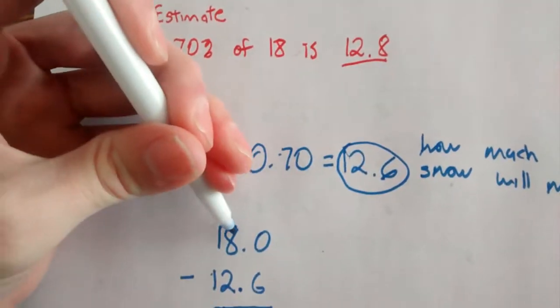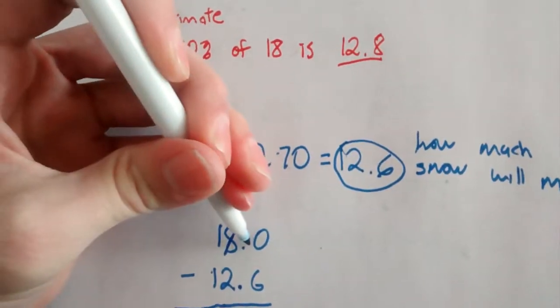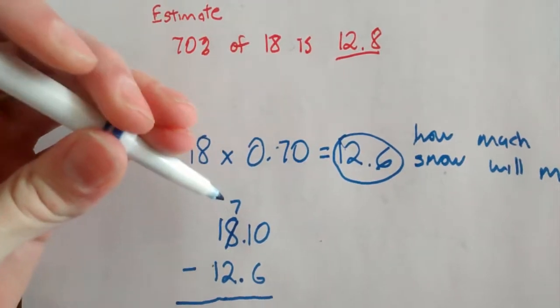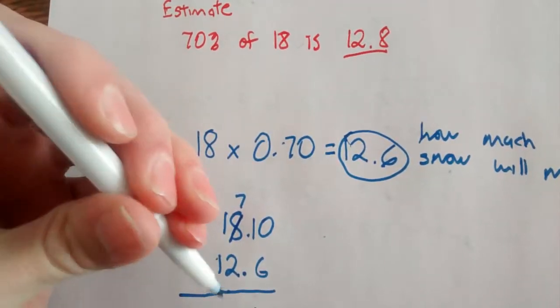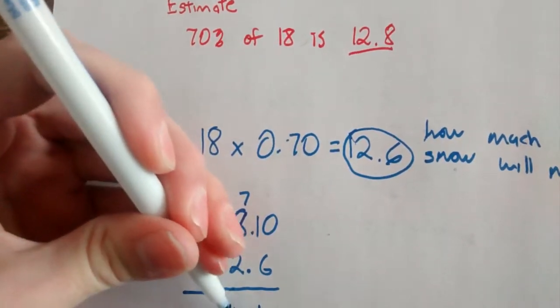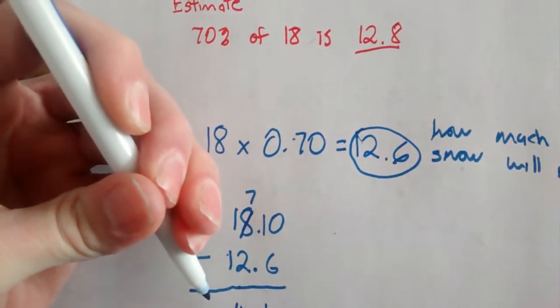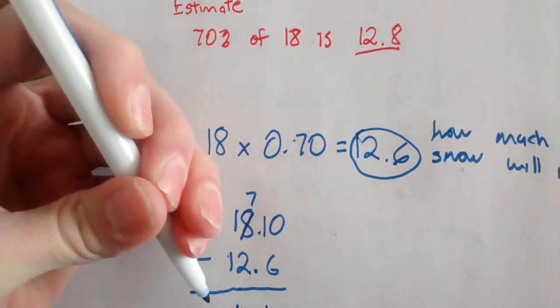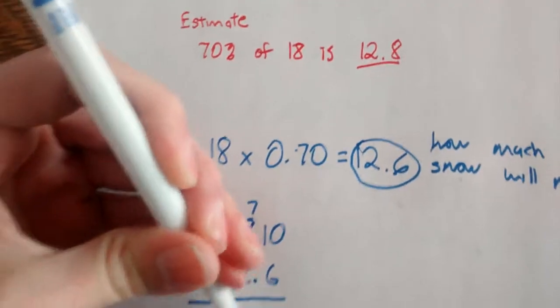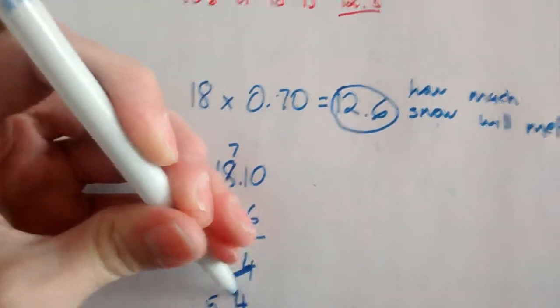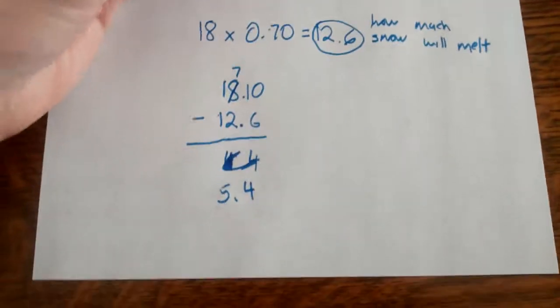So 7 carry 1, 4, 7 minus 2 is 5.4. Number didn't look right. There we go.